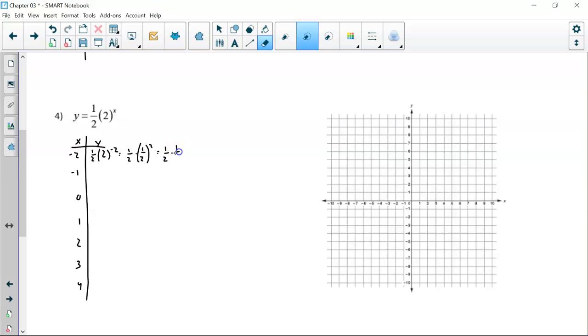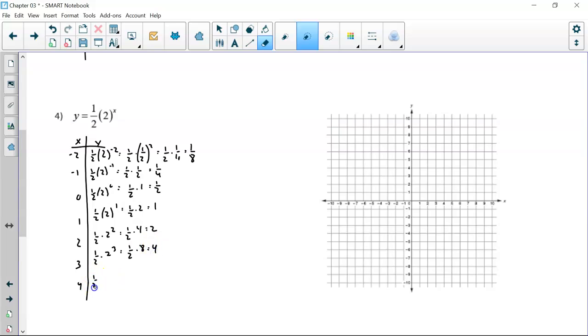So it's 1/2 times 1/4, which is 1/8. 1/2 times 2 to the -1st, it's 1/2 times 1/2, which is 1/4. 1/2 times 2 to the 0 is 1/2 times 1, which is 1/2. 1/2 times 2 to the 1st is 1/2 times 2, which is 1. 1/2 times 2 squared is 1/2 times 4, which is 2. 1/2 times 2 cubed is 1/2 times 8, which is 4. 1/2 times 2 to the 4th is 1/2 times 16, which is 8.